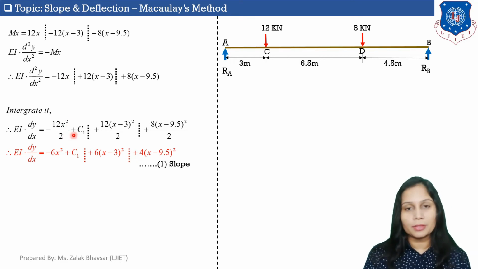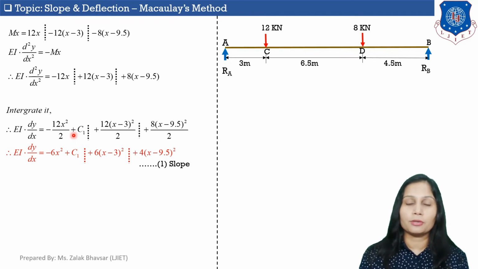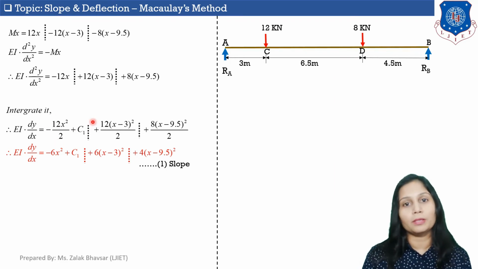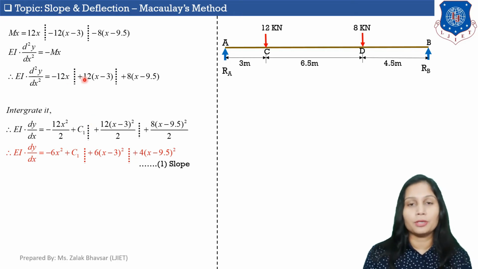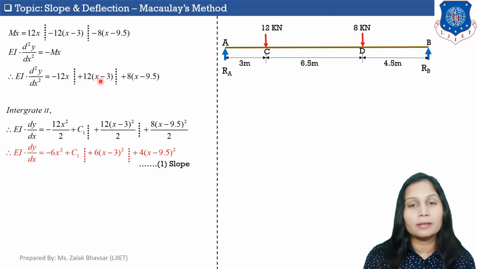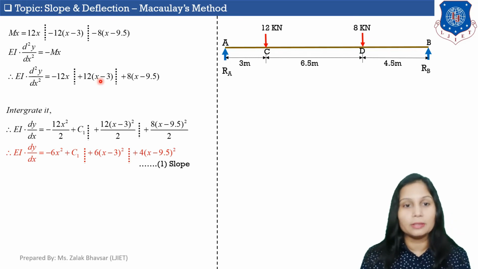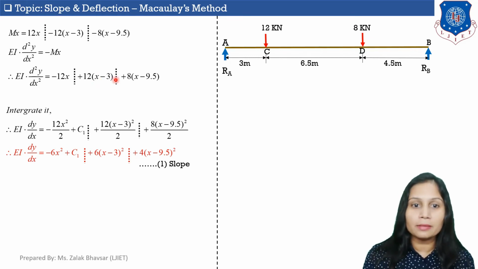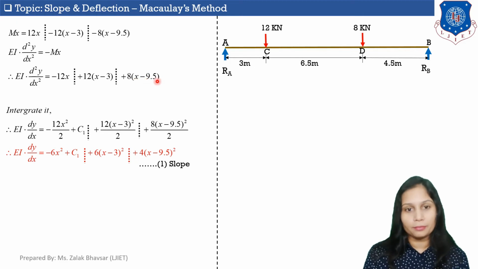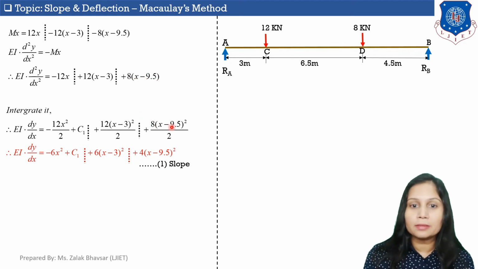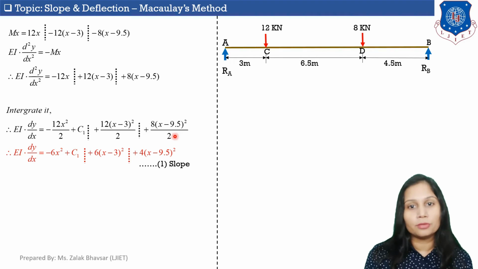As per our assumption, we will write the integration constant in the first part of the continuous equation, plus 12 times the integration of the quantity (x - 3). As per our assumption, we will integrate (x - 3) as (x - 3)²/2, plus 8 times the integration of (x - 9.5), which will be (x - 9.5)²/2.